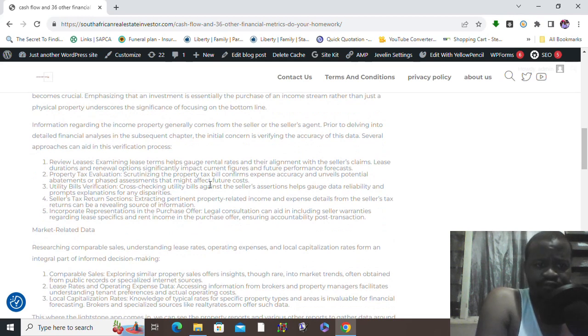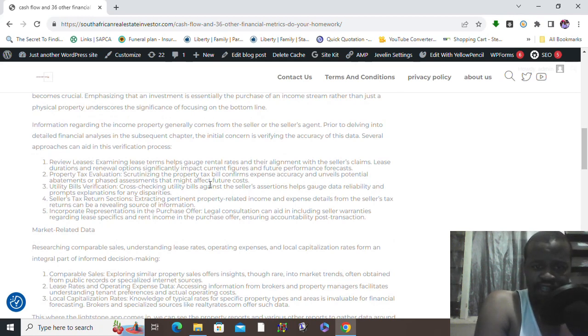One, review leases. You can examine leases to help gauge rental rates and their alignment with the seller's claim. Lease durations and renewal options significantly impact current figures and future performance forecasts. Two, property tax evaluation.